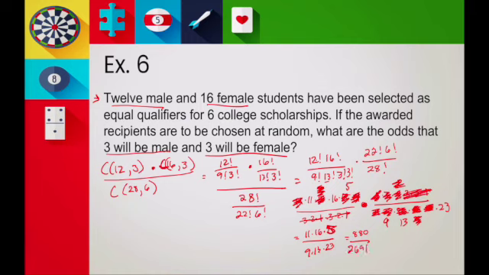Now remember, this is the probability. This is the success over the total. We want the odds.